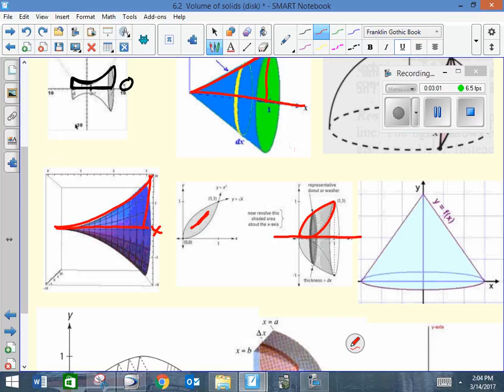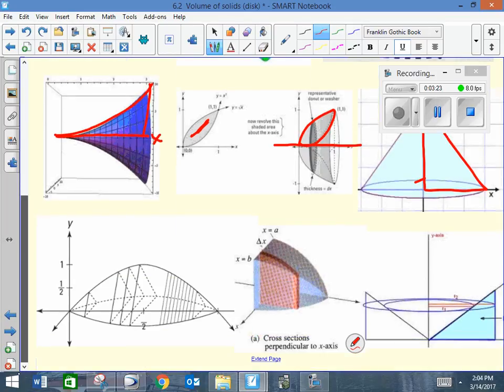This one right here, yes. This one we took this area and we rotated around the Y, so it created this cone-ish thing. And they will tell you where you're going to rotate it to create the volume, but that's what we're doing in this section.